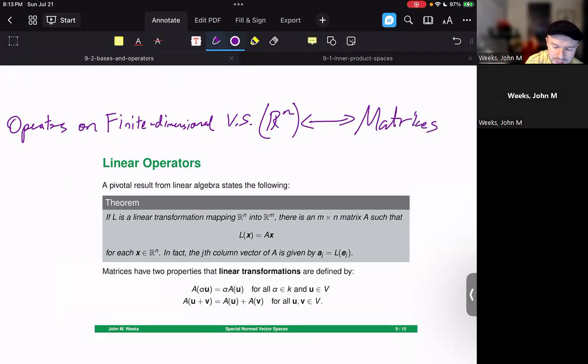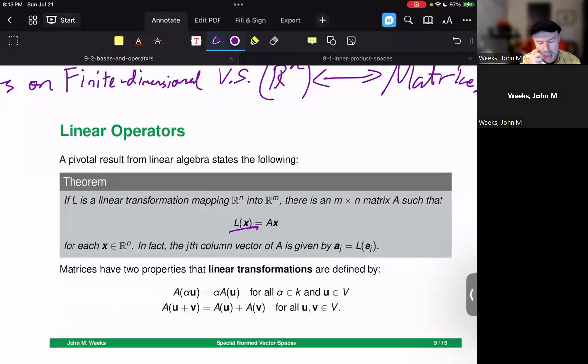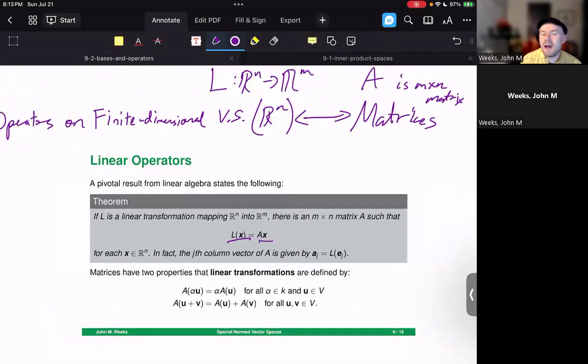If, for example, you take a linear transformation L going from Rn to Rm, then you can find a matrix A, an m by n matrix, such that when you take a vector x and map it through the linear transformation L, that's the same as multiplying on the left by the matrix A. This is typically called the matrix representation theorem and is usually given in an undergraduate linear algebra course.